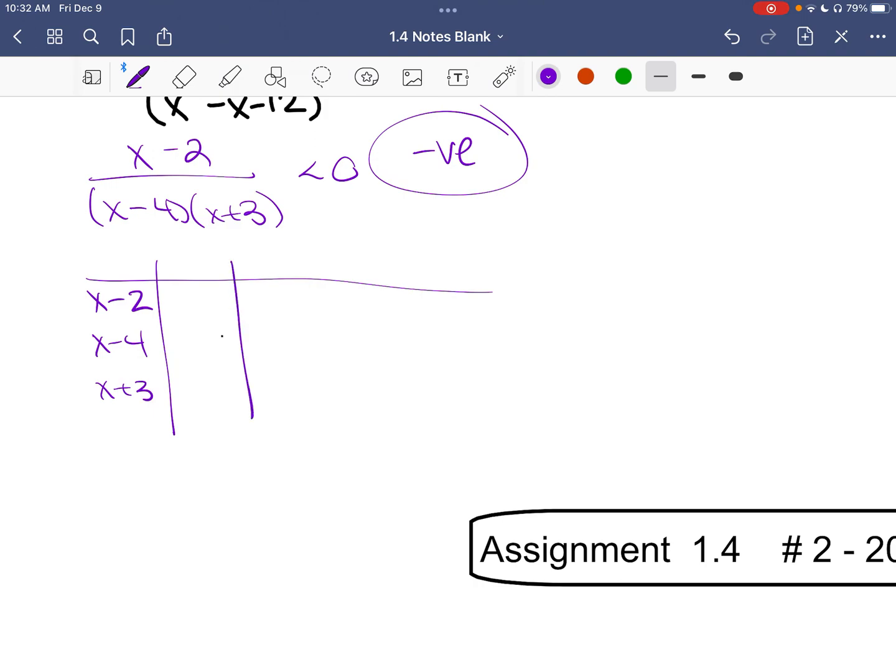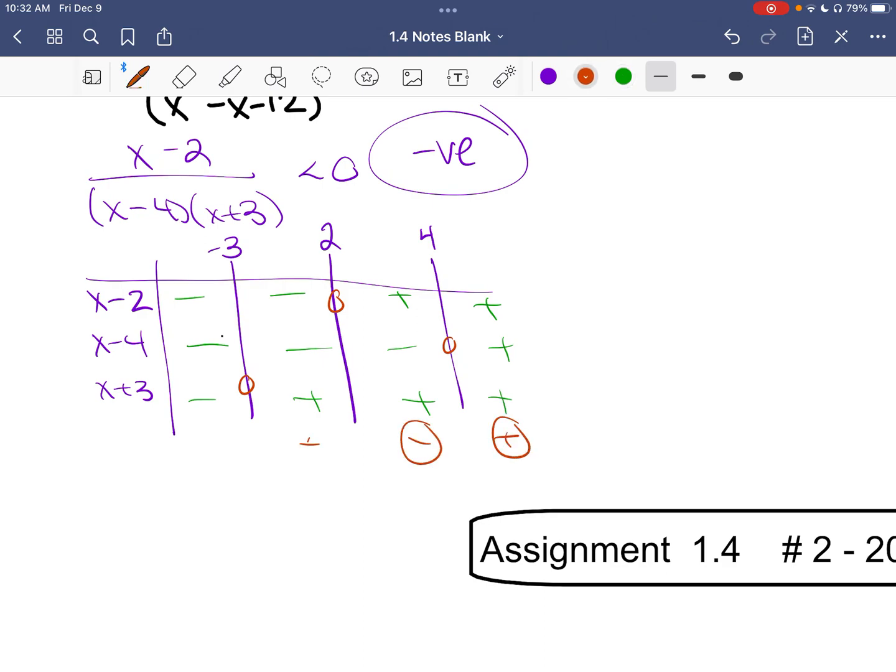So we go to 0 at -3. We go to 0 at 2 and at 4. So zeros here, here, and here. So negative, negative, positive, positive, negative, negative, negative, positive, negative, positive, positive, positive. So overall positive, negative, positive, negative.